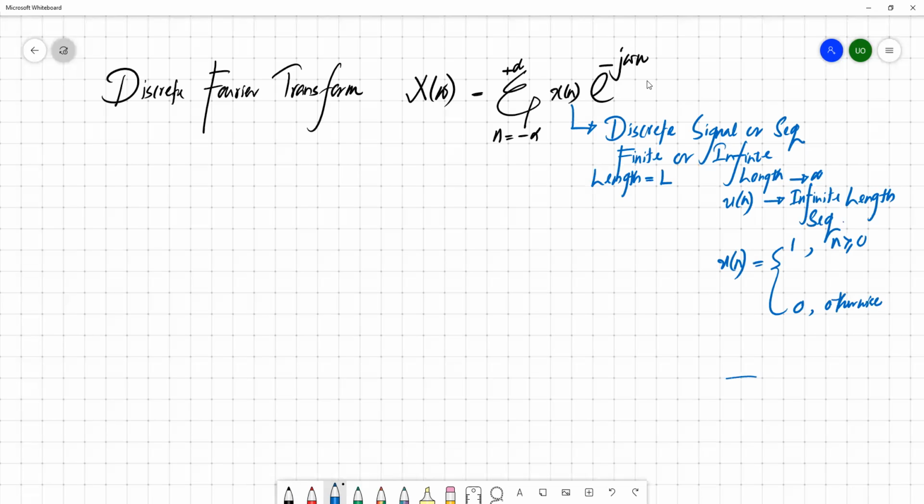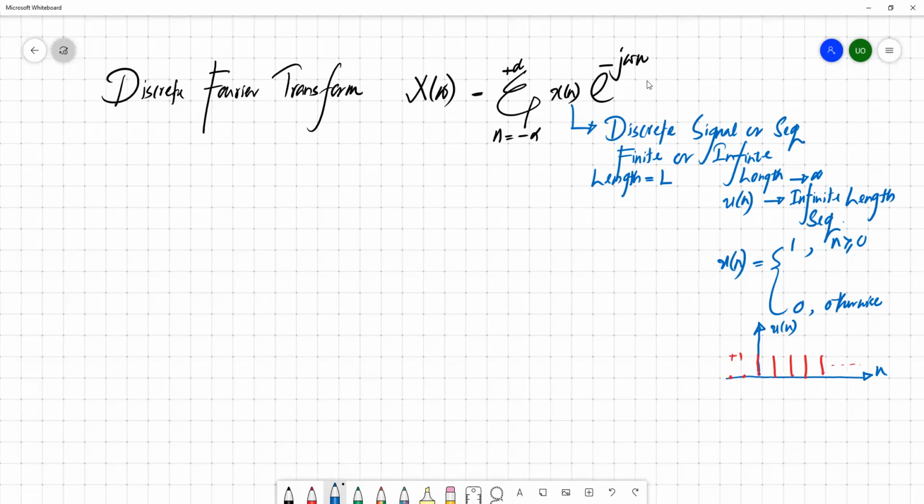If you plot it, it's something like that. So this is u[n]. These kinds of sequences are identified as infinite length sequences.